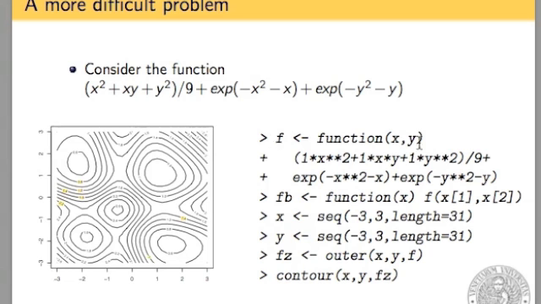F is a function of x and y. Then you can define the b version of this specific function. Here, again, it is very handy to write the FB exploiting the previous definition of the function f, and you can have a contour plot.